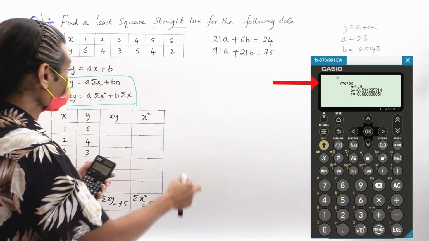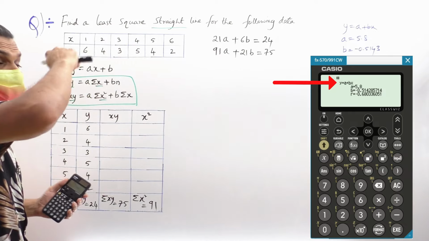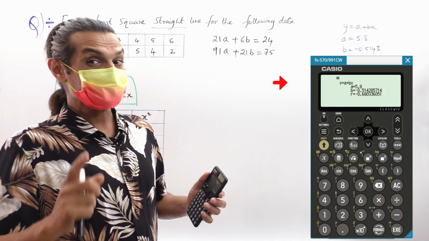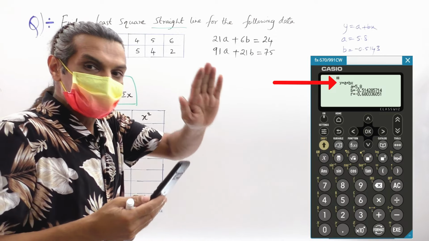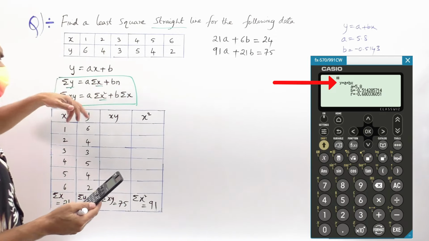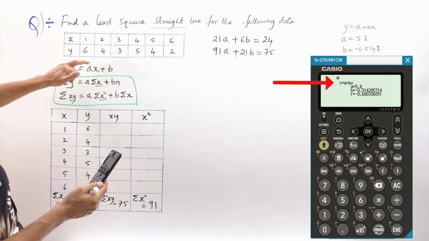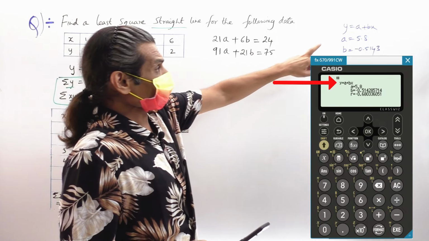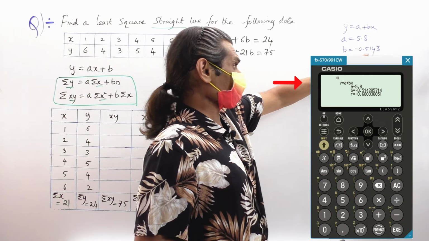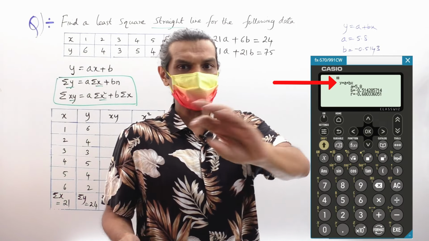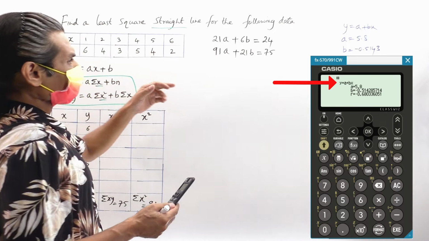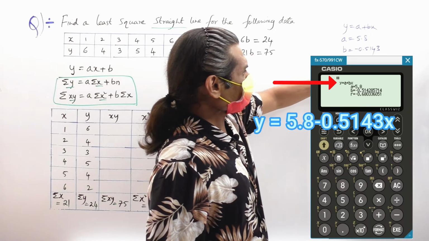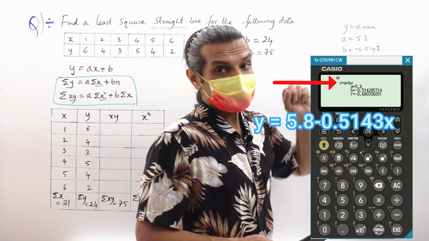But we have taken the equation here as y is equal to ax plus b. Be careful here. If we had taken the equation as y is equal to a plus bx, then the answer is a is equal to 5.8, b is equal to minus 0.5143. Done. So you have the straight line y is equal to a plus bx, that is 5.8 plus minus 0.5143x.